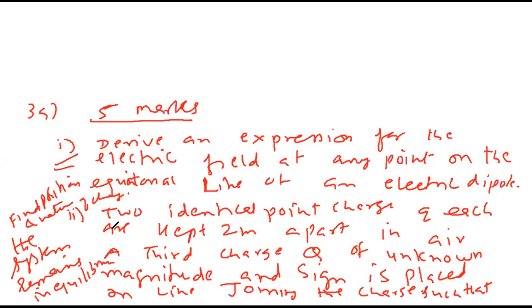If you have written the question, then I am solving this. The same sum can be asked even in MCQ. Two identical point charges q each are kept 2 meter apart.